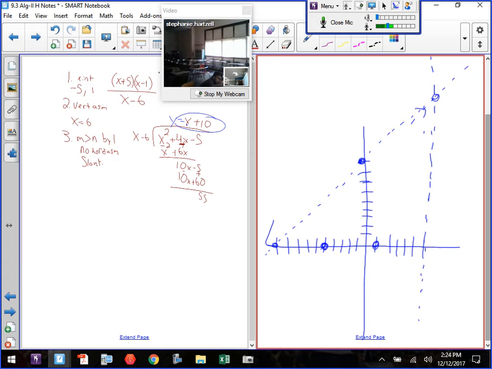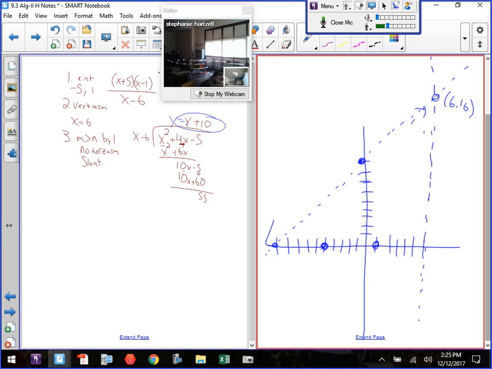Remember when we did linear equations, linear combinations, where you had the parameters, we figured out where all the intersections were, and we'd shade and do all that other junk. Well, if the vertical line is at 6, that means x is always 6. If it's hitting a slant that has an equation of x plus 10, what's the y value where they hit? 16. I know that this ordered pair would be at 6 and 16.